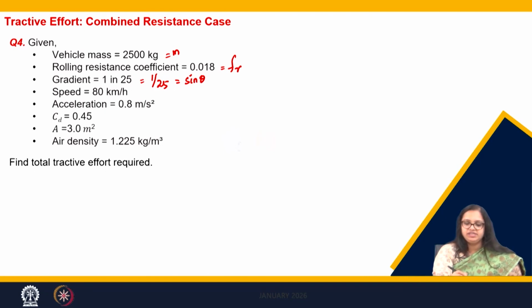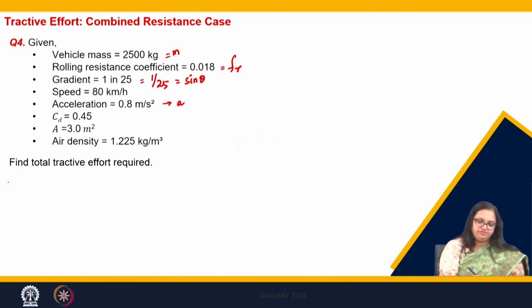The speed is 80 kilometers per hour, which we have to convert into meters per second. Acceleration is given as 0.8 meters per second square. The aerodynamic coefficient CD is 0.45, the frontal area is 3 meter square, and the air density is 1.225. So, here we have to find the total tractive effort.